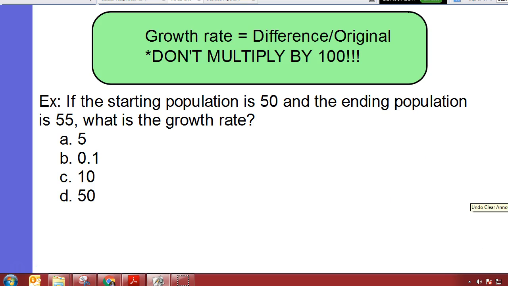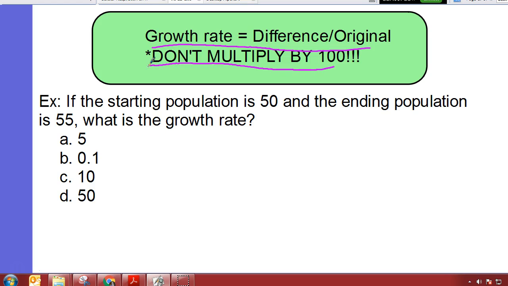So it says in this one, growth rate. The growth rate is the same equation that you already know. Do you remember the percent increase or decrease? It's the same thing as the growth rate. The only difference is you just don't multiply by 100.